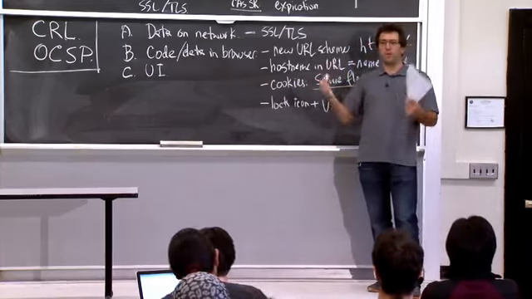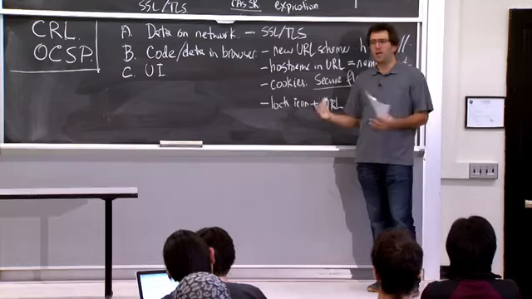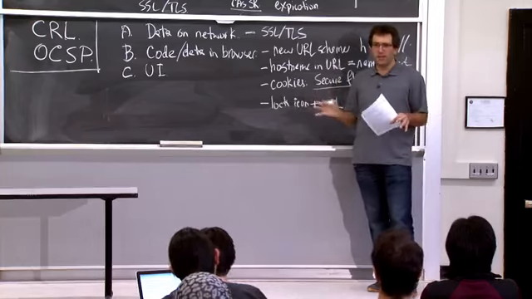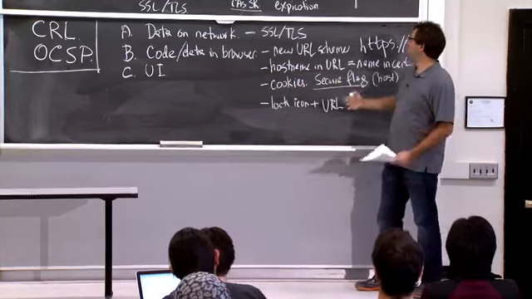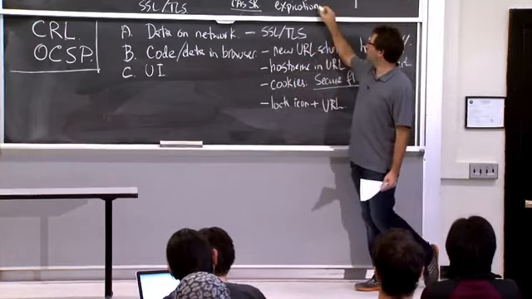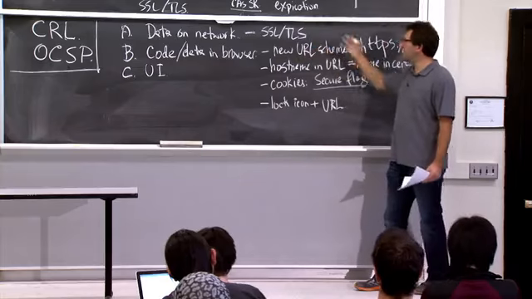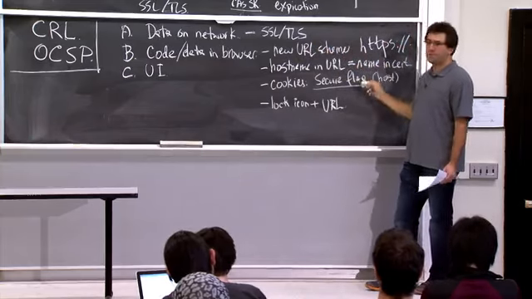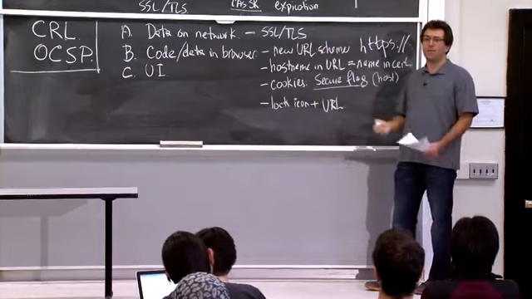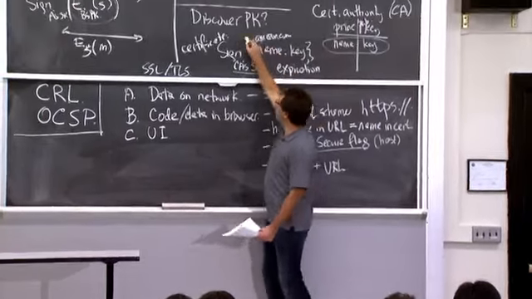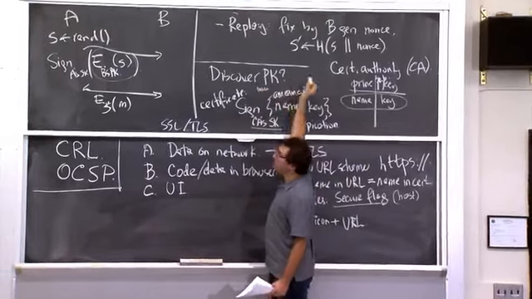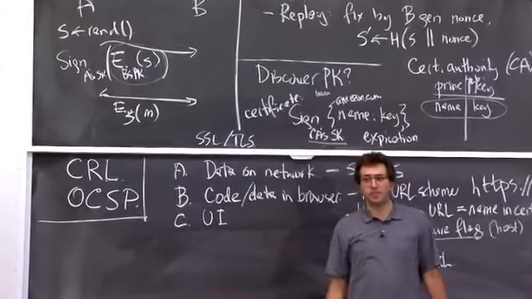So they often will pop up a dialog box for the user saying, well, I got a certificate, but it doesn't look right in some way. Do you want to just go ahead anyway and continue? So web browsers will allow users to override this decision on things like expiration of certificates. Also for host names, it might be the case that your website has many names. Like for Amazon, you might connect to Amazon.com or www.amazon.com or many other host names.